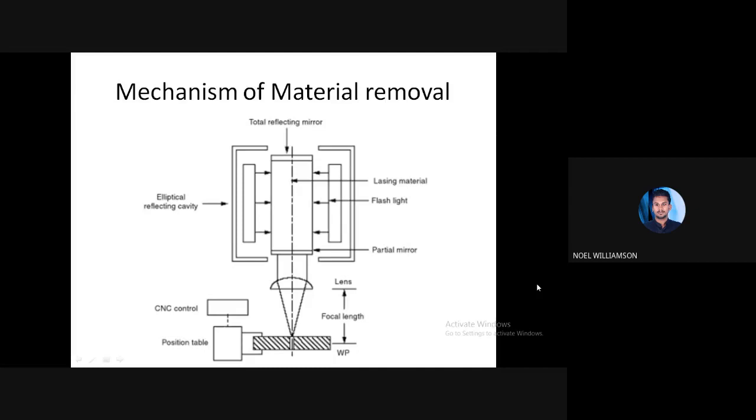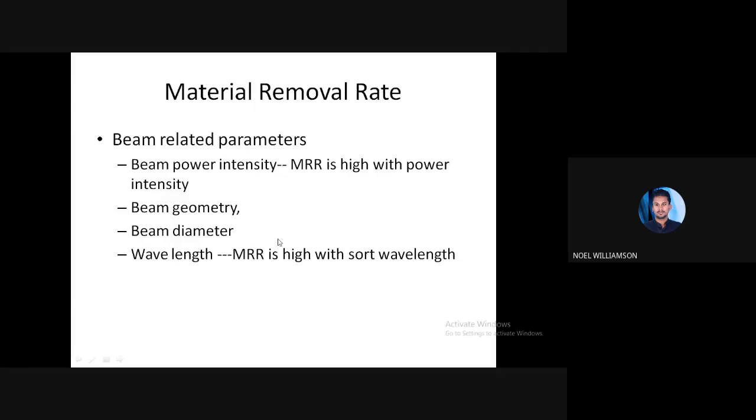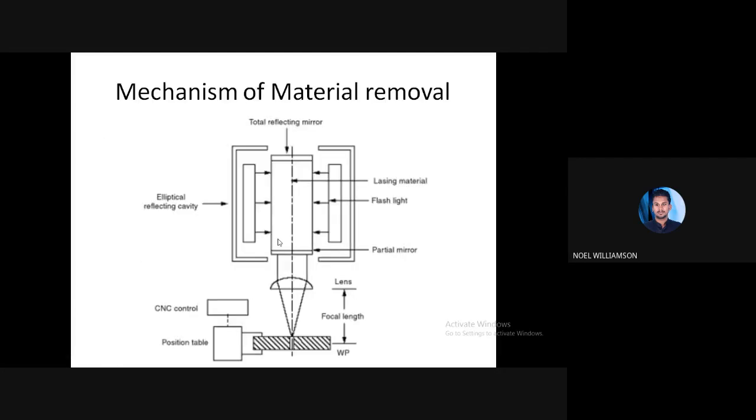So as a mechanism, first of all, the focal point of the lens, as you can see in the figure, is adjusted so that the laser is focused to the particular point where the machining is to be done.